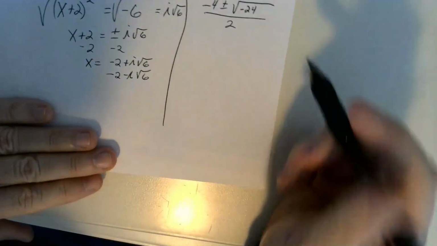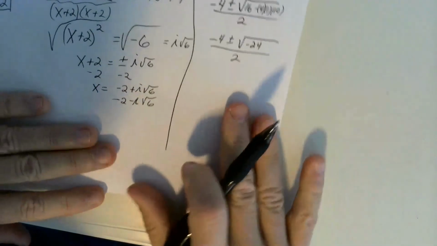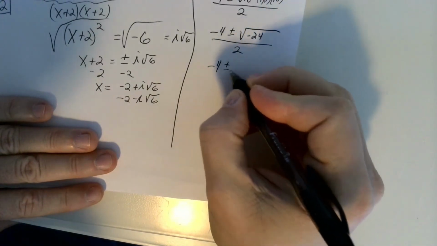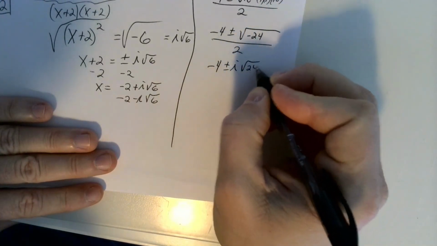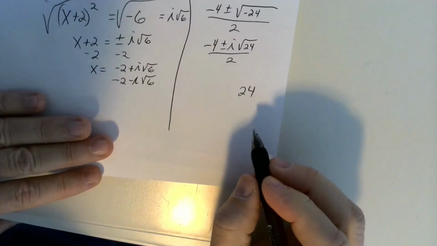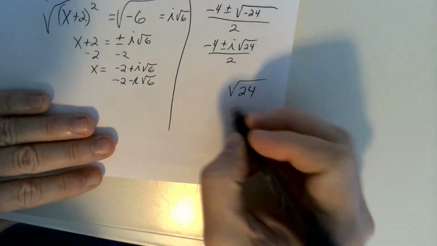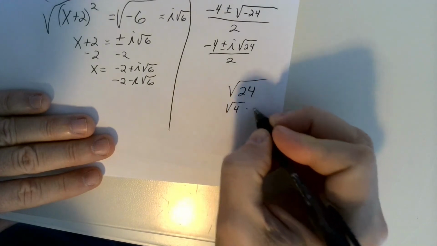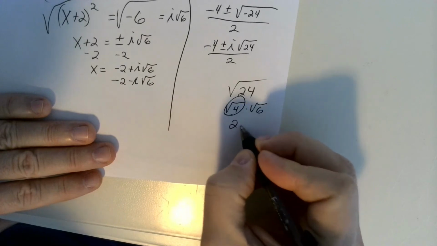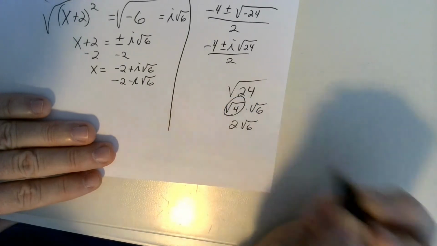And here's where your simplifying radical stuff has to come back into play. So I know that I can rewrite that as negative 4 plus or minus i square root of 24 over 2. 24 as a square root, I can rewrite as the square root of 4 times the square root of 6, and the square root of 4 is 2, so I can rewrite it as 2 times the square root of 6.